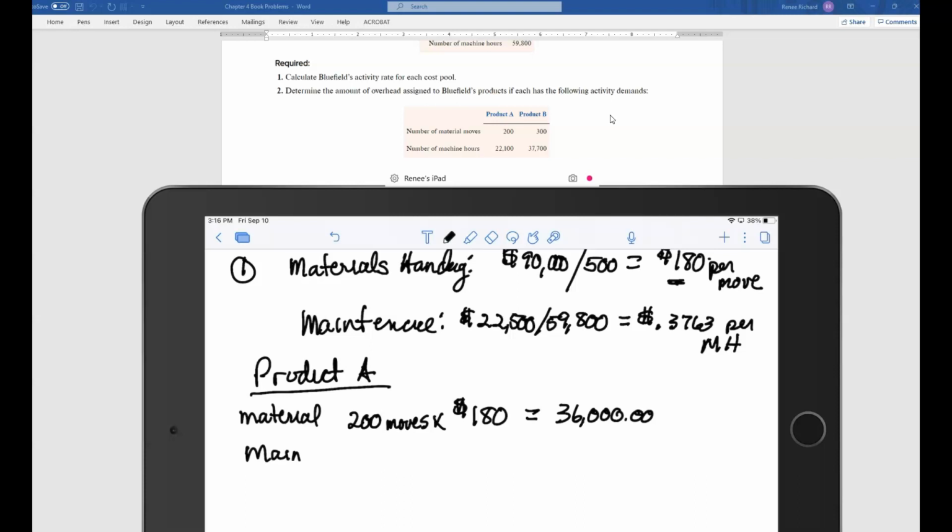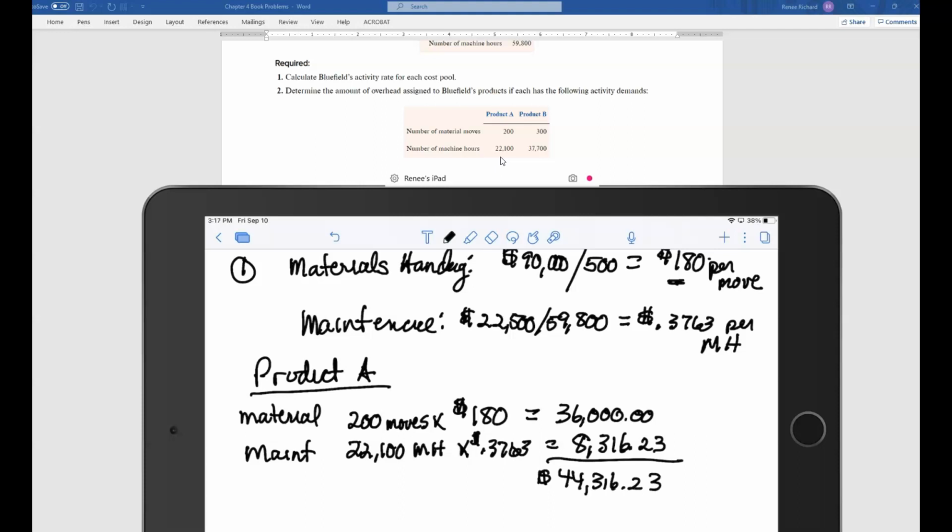Maintenance for product A. Product A uses machine hours, so because this is per machine hour, 22,100 machine hours times 0.3763 per machine hour. That gives us $8,316.23. Total, $44,316.23. There's some rounding things going on there, so don't get too hung up on that.